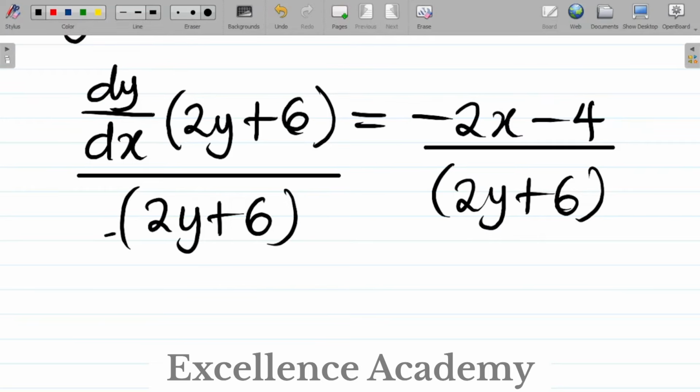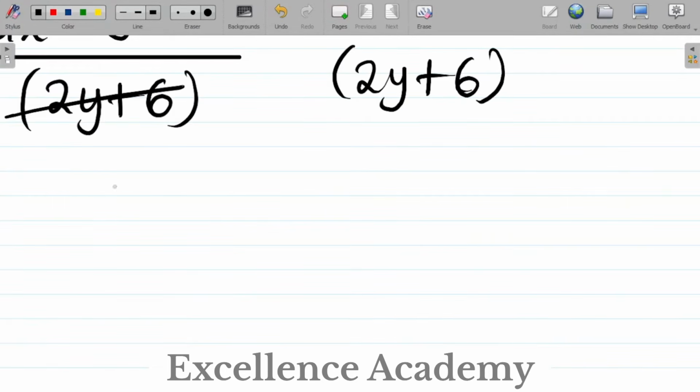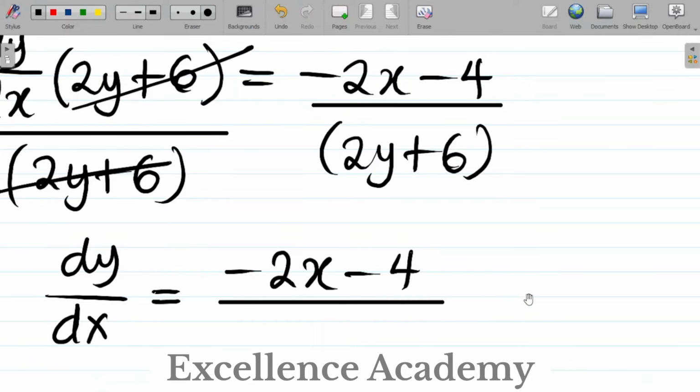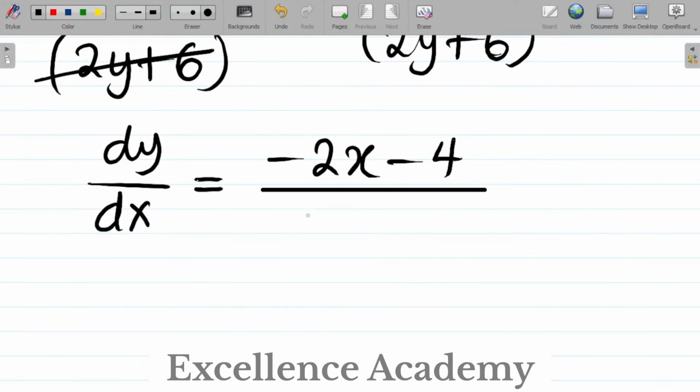You have this, so this cancels this, and hence you have that dy/dx is equal to minus 2x minus 4, all over 2y plus 6.